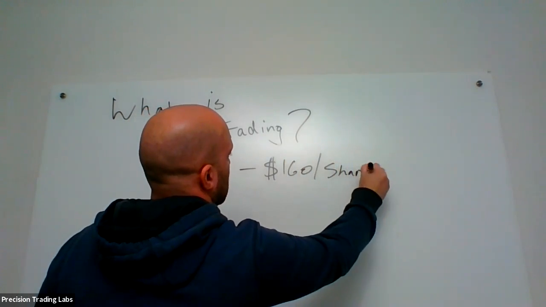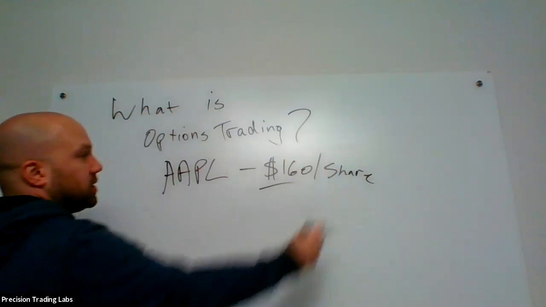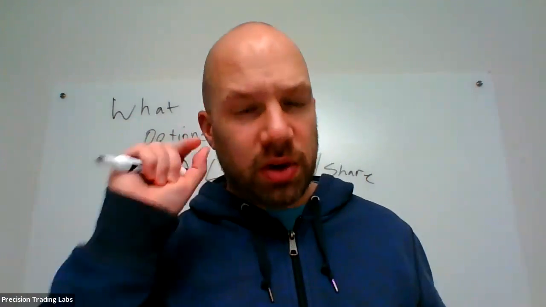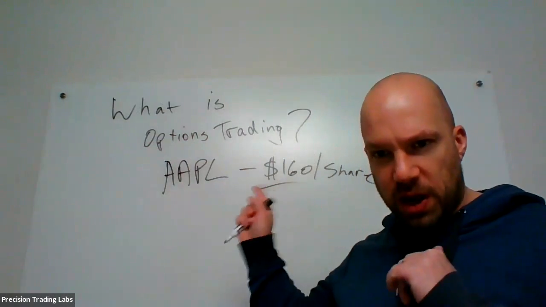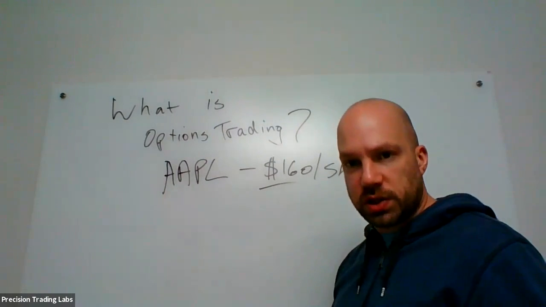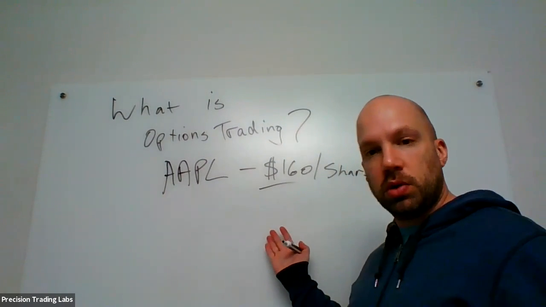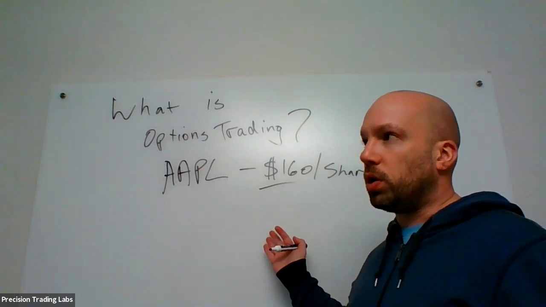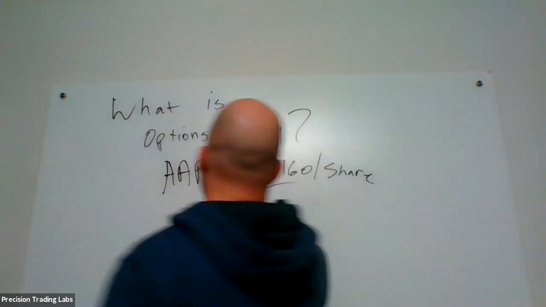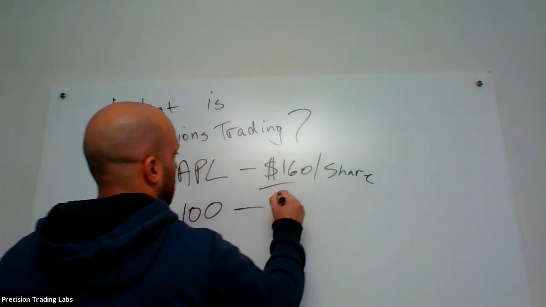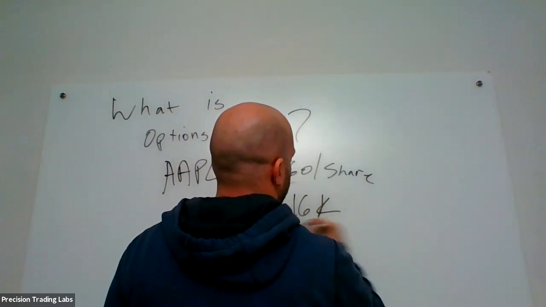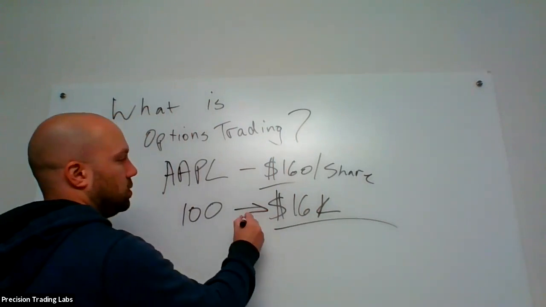If I want to trade Apple today, I'm paying $160 a share. I'm going to leave you with just one or two details beyond the cheaper stock. You can buy 100 shares, and at $160 that's $16,000 to trade 100 shares.